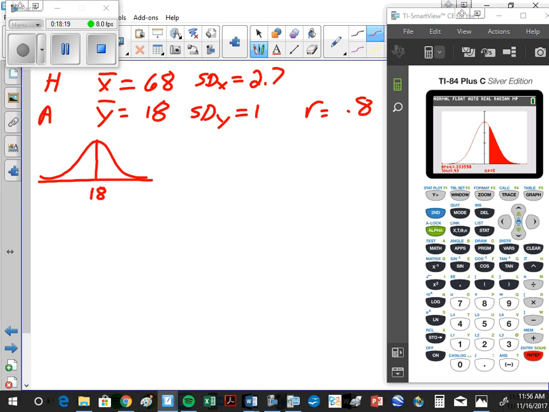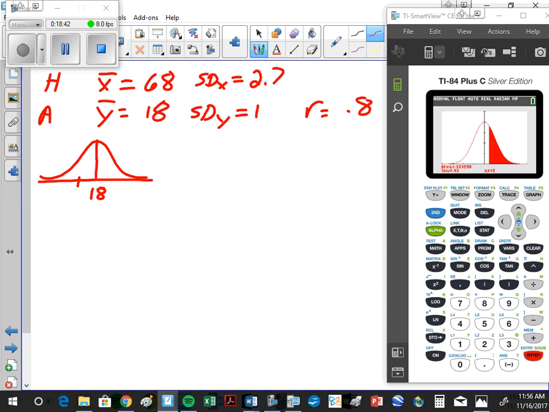We're just looking at the forearm lengths. So we want to know how many people were labeled 18 inches. Well, the only way to be labeled 18 inches to the nearest inch would be if you rounded from 17.5 up and from 18.5 down.